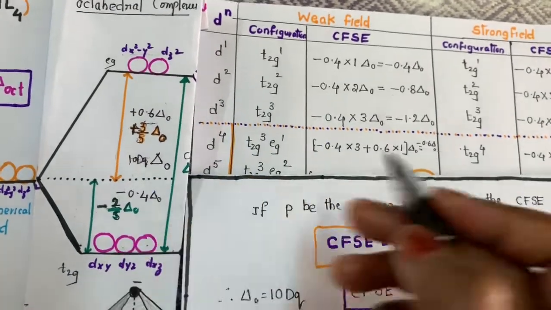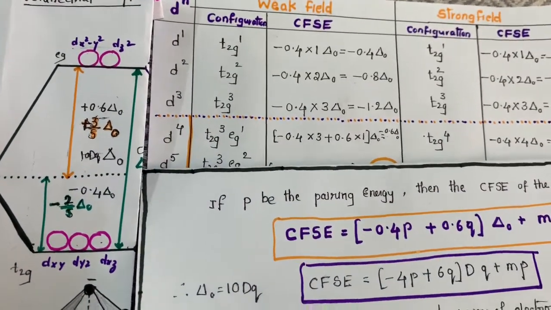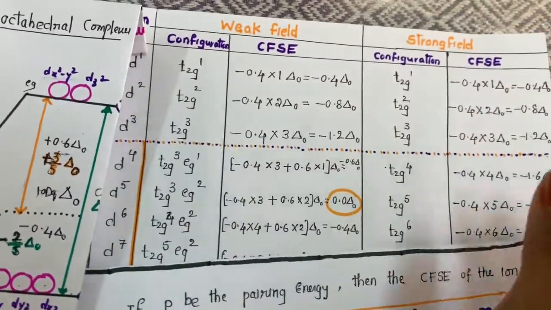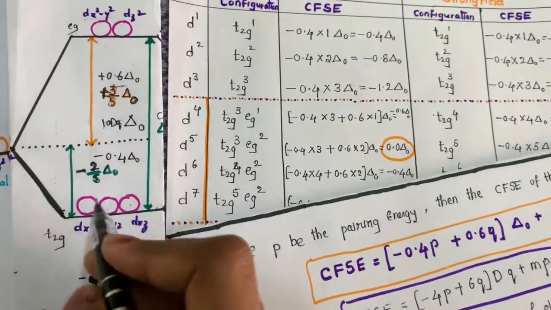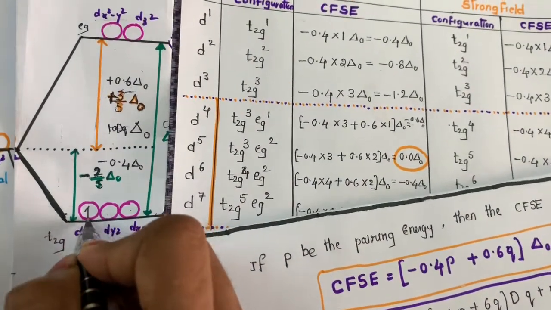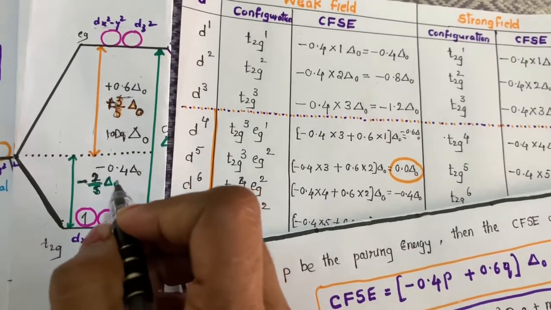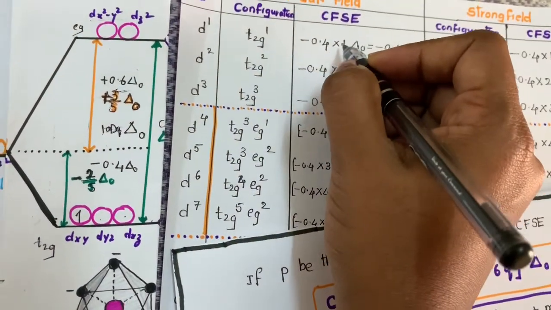So let's see how to calculate the crystal field stabilization energy for d1 to d10 configurations. If only one electron is present, the electron will invariably enter the t2g level. So each electron will contribute minus 0.4, and it has one electron.